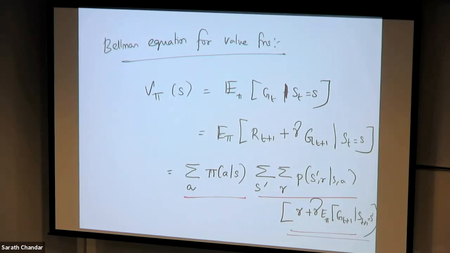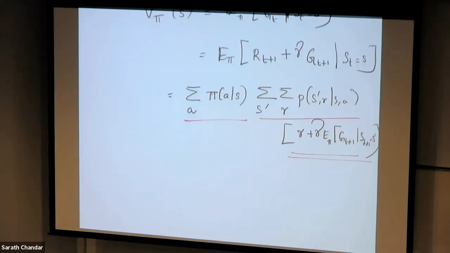The return is given by reward plus gamma times the expected return from the next state, right? So now can someone tell me what is this particular term here? The expected value of Gt plus 1. It's the state value function for St plus 1, right?